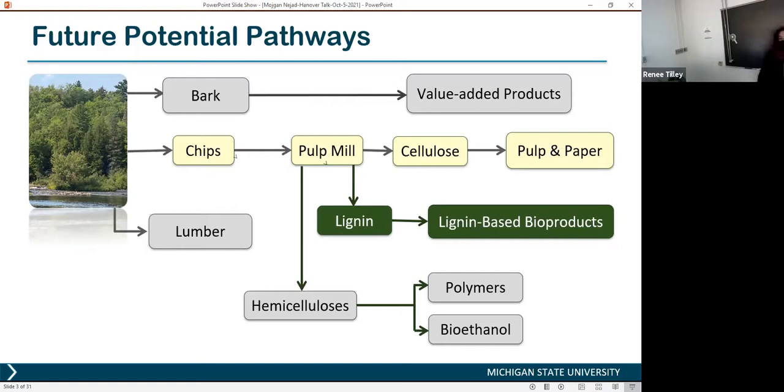And for the biorefinery, let me just clarify. When I'm talking about biorefinery, I mean lignocellulosic biorefinery, because currently there are biorefinery industries that use corn to make bioethanol, but we are talking about agricultural residue or lignocellulosic material to make bioethanol.